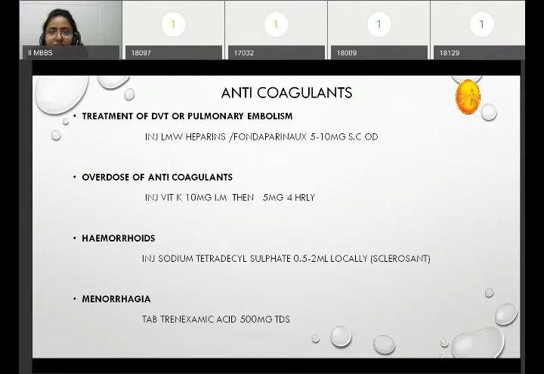Yes, tell me students, tell me some anticoagulant drugs. Whether it is covered in your theory lectures? Yes or no? Yeah, warfarin, it belongs to the factor 10 inhibitors, bivalirudin. What is bivalirudin?